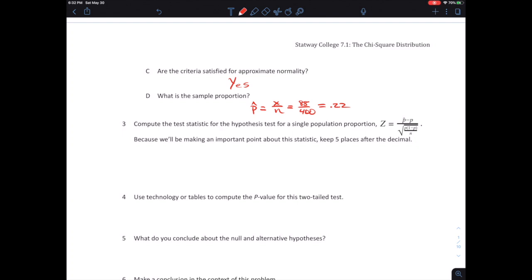Okay, so at this point we would take our z-score. So you can see the formula up there. So p hat minus p over the square root of p times 1 minus p over n. So again, this is something you've done before. Our p hat was 22%.